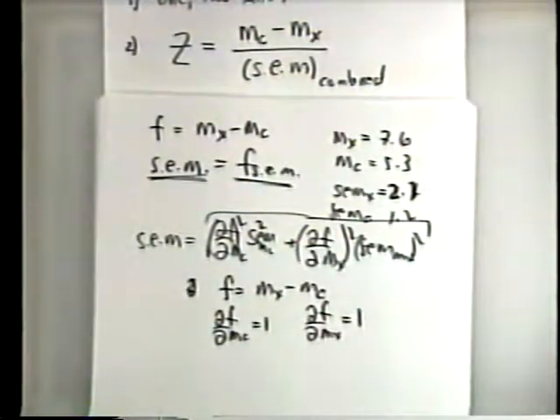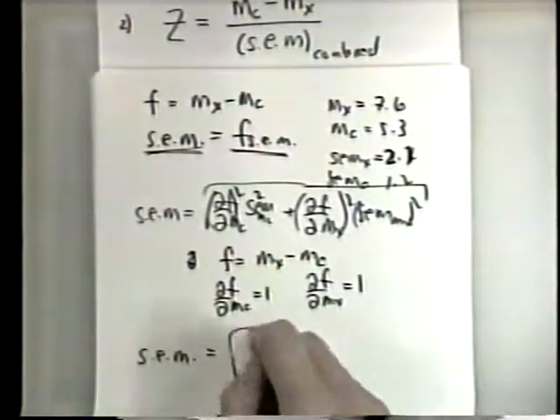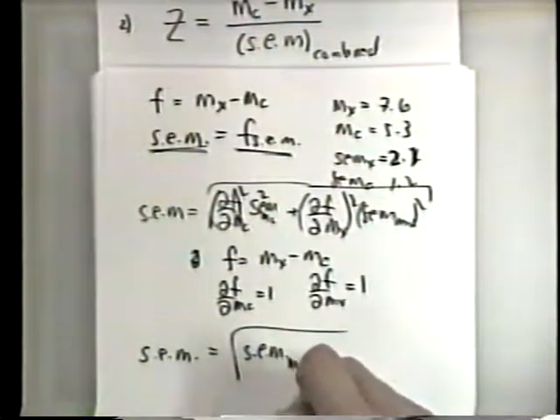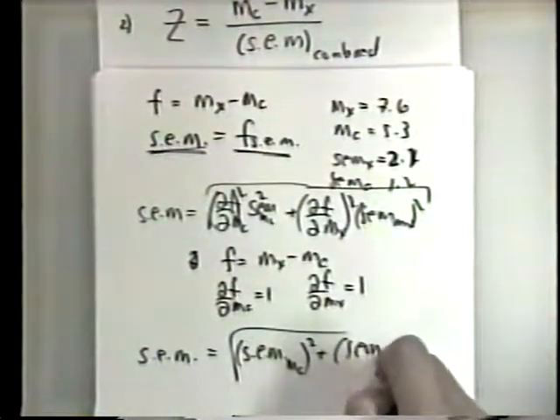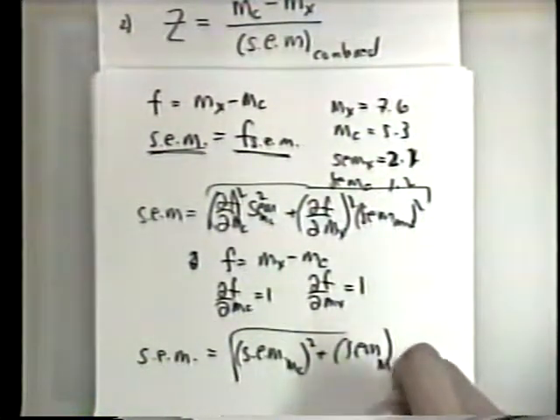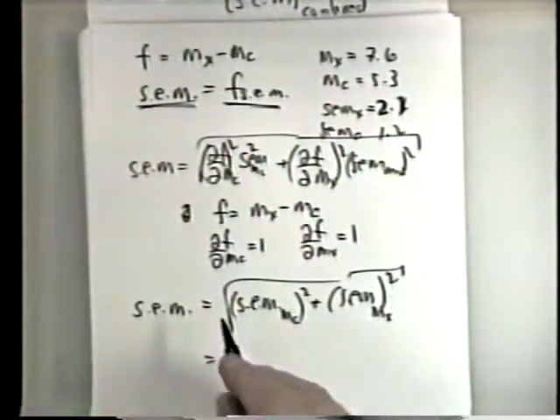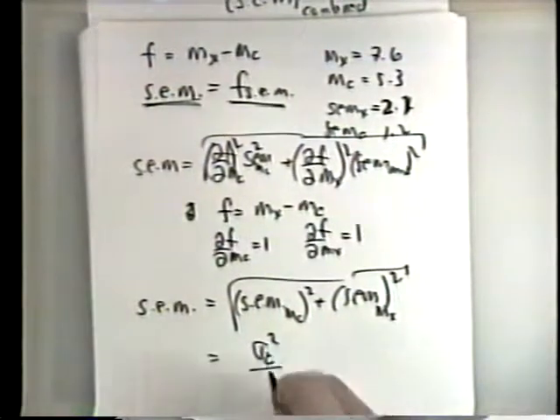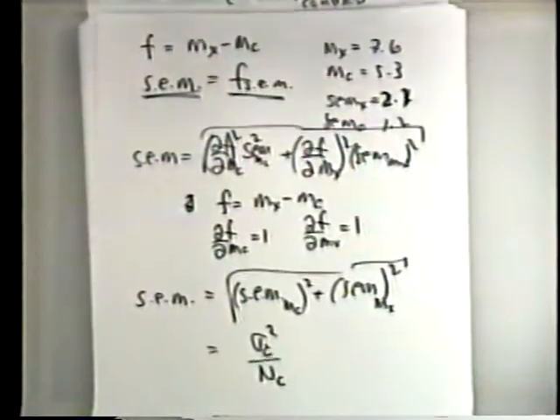Okay? So this means that the SEM is equal to the square root of the SEM of the mean of the control group squared plus the SEM of the mean of the experimental group squared. Now, what are these two things equal to? We said the SEM is the control group standard deviation divided by the square root of the number of people in the control group.